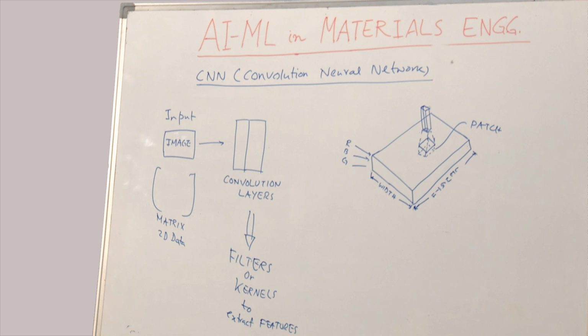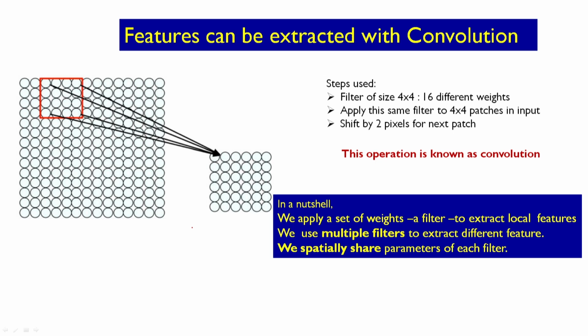Okay. So, mathematically what is a convolution? Let us come back here. Here it is also shown in the same way. You have a filter of size 4 by 4, that means there are 16 different weights. Apply the same filter to this 4 by 4 patch in the input, and then shift it by 2 pixels for the next patch. Remember this.